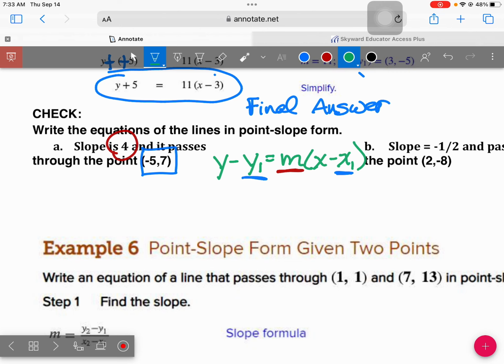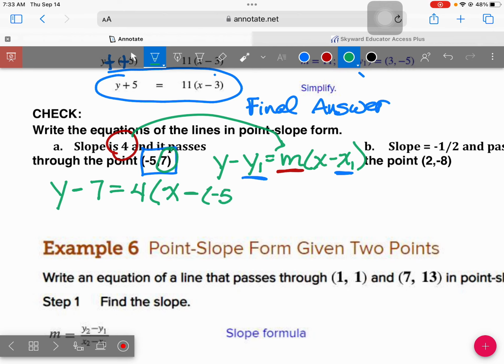What did I just say? That first y is going to stay as a y. So that's y minus y sub 1. My y sub 1 value is 7 equals my slope is 4. Substituting 4 in here, times parentheses x minus negative 5.